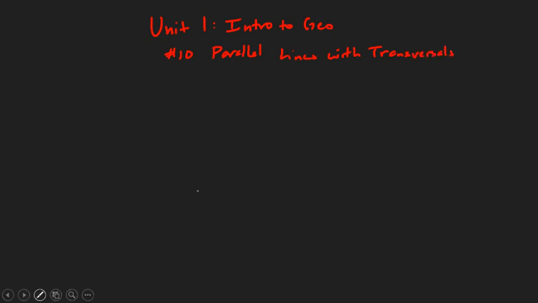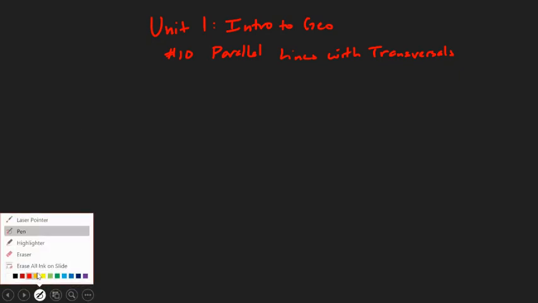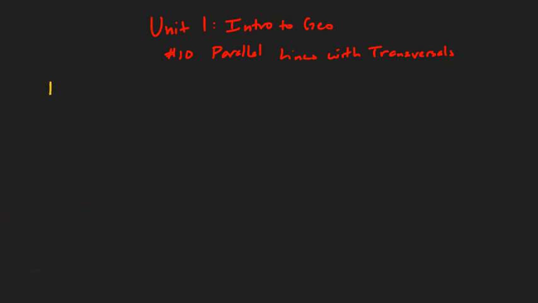Perfect. Okay, so let's define what a set of parallel lines are. So parallel lines are two lines. Now this part I don't really care about, but in geometry they want me to say this: in the same plane.